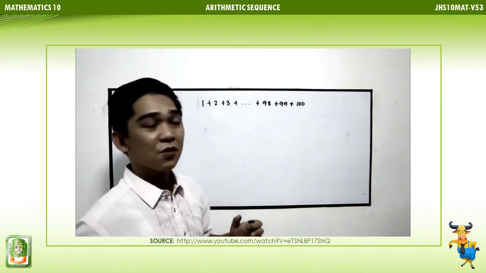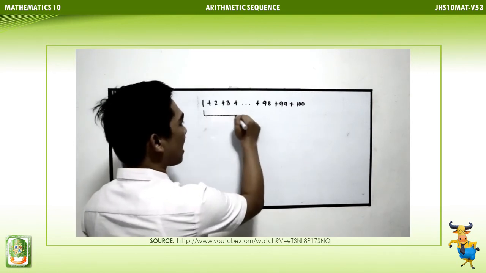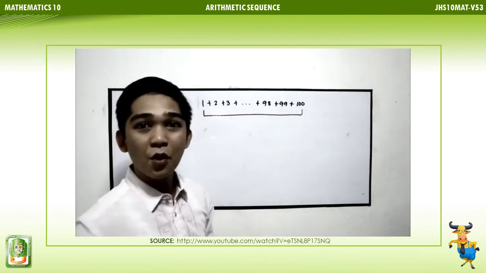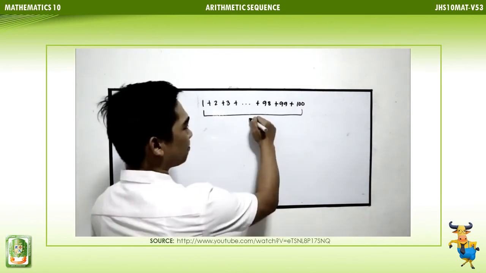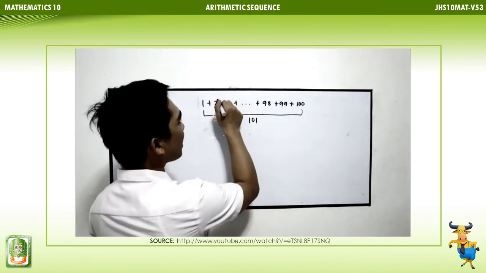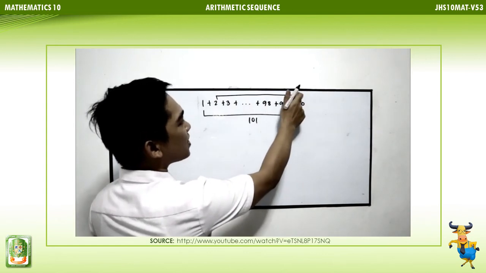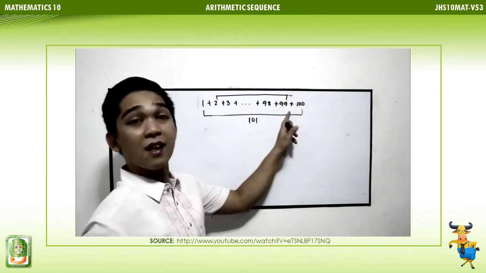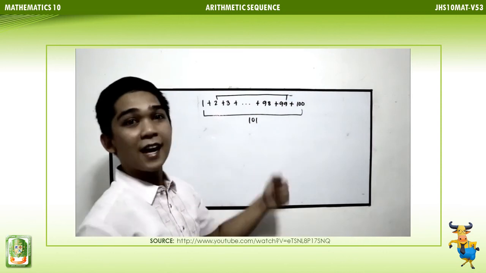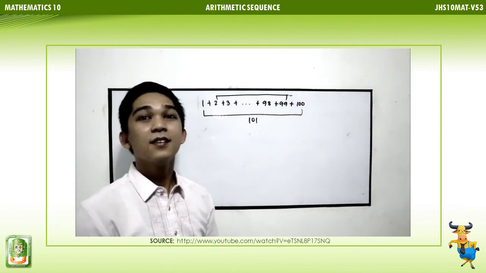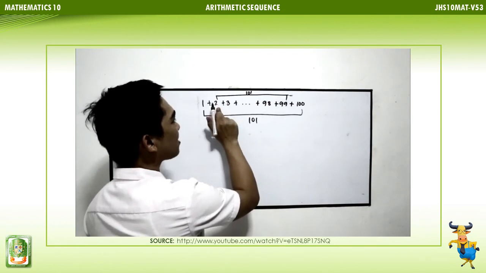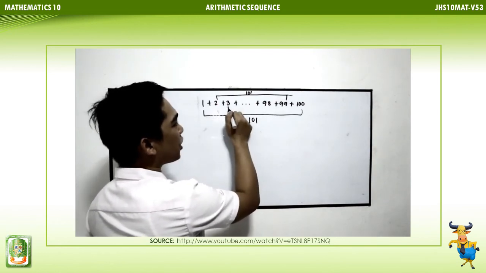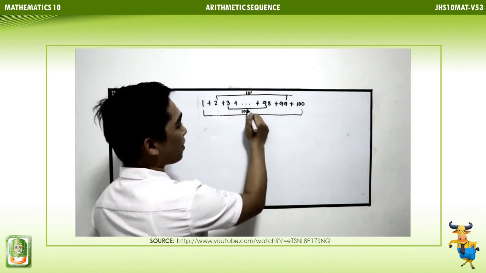We add the first term plus the last term, and notice that it has a total of 101. Next, the second term to the second to the last, 2 plus 99, that is 101. Next, the third term to the third to the last, that is 101.